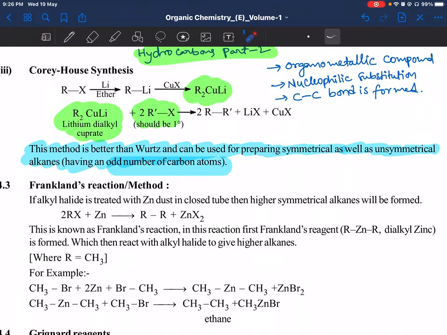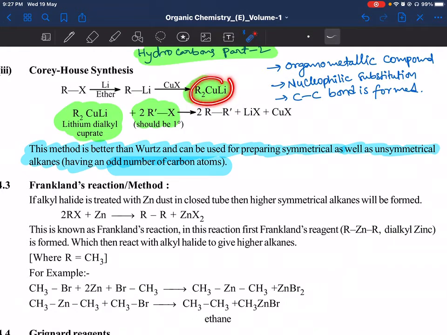Because when any alkyl group combines with a metal, the alkyl group gets a negative charge and the metal gets a positive charge. So this R minus is combining here with R plus. This X minus is replaced by R minus, so we call this a nucleophilic substitution reaction.